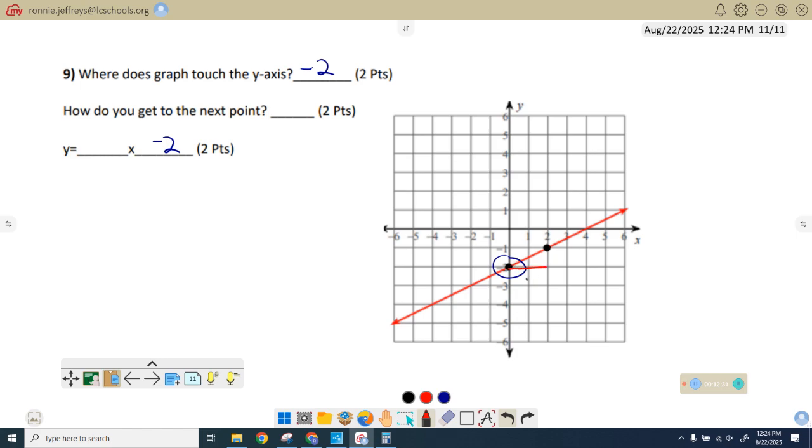I want to go over 2 and up 1. Either way, remember, up, over, or rise over run. So this would be 1 over 2.